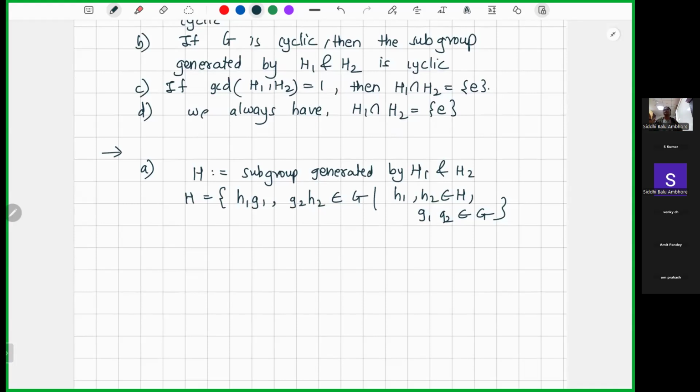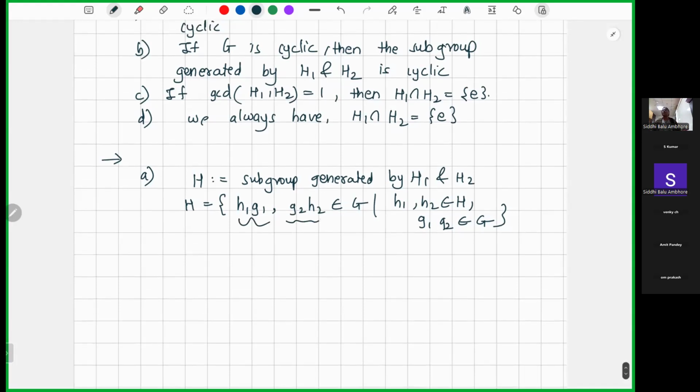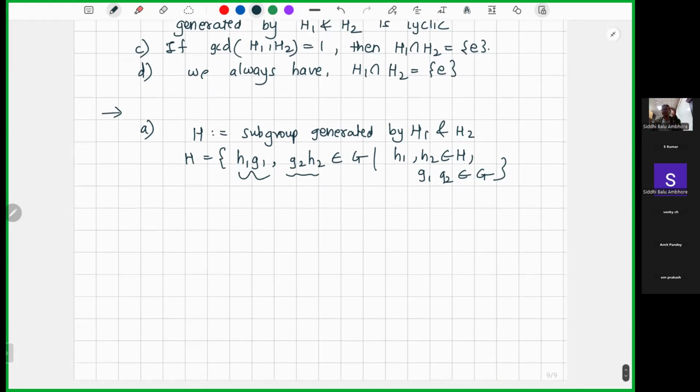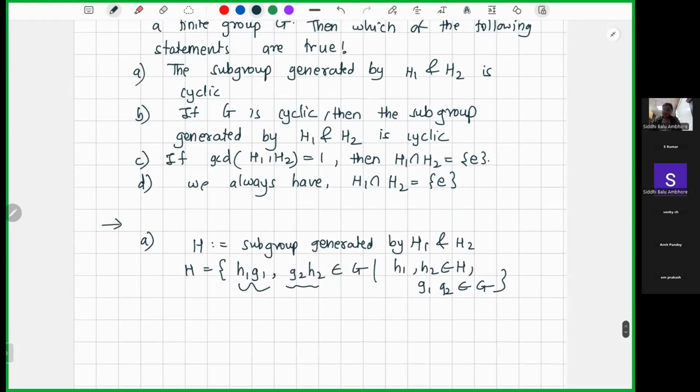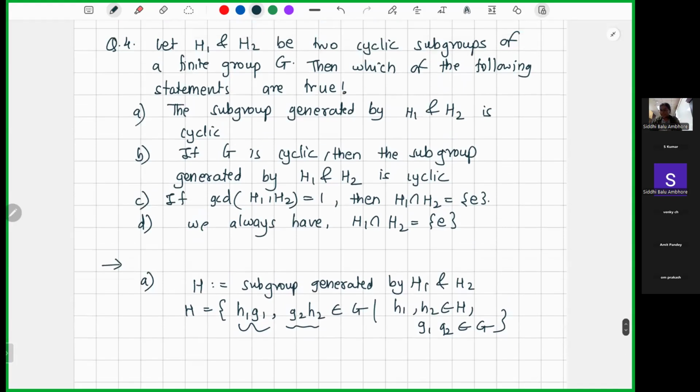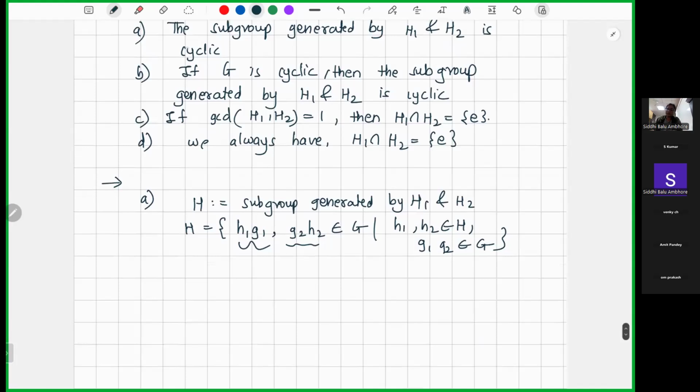They make sense because they both are subsets and subgroups of G, so they are elements of G, and the product is well defined there. If I have this, I have to check whether they form a subgroup or not. That is not what is asked here. They are asking whether the subgroup formed by these elements is cyclic or not. So cyclic is the main condition which I need to check here.